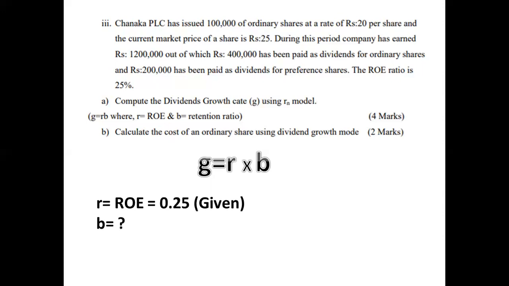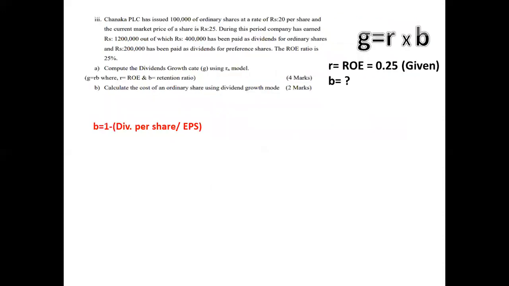Here the ROE value, the R value, has been given as 0.25. What we need to do is calculate B. B means the earnings which are retained with the firm. So simply we can calculate the retainings.